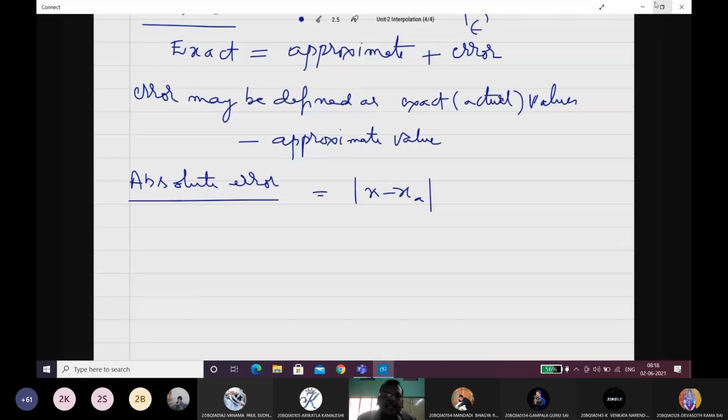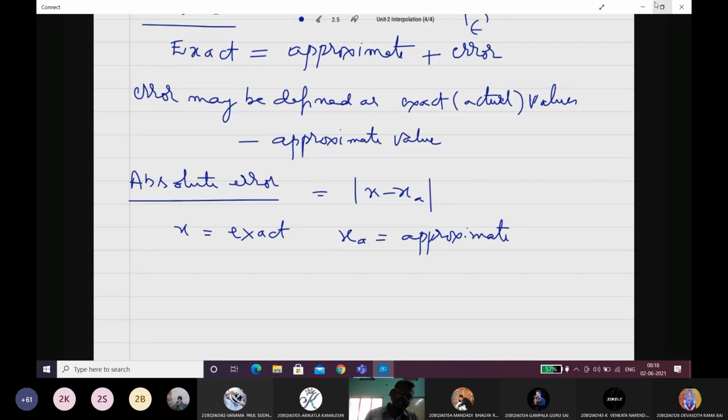X is called the exact value. Xa is called the approximate value. A stands for approximation. That is absolute error.